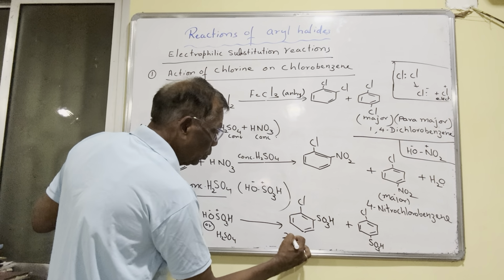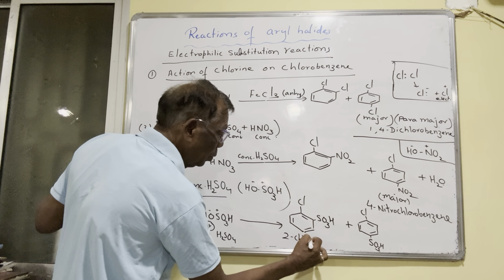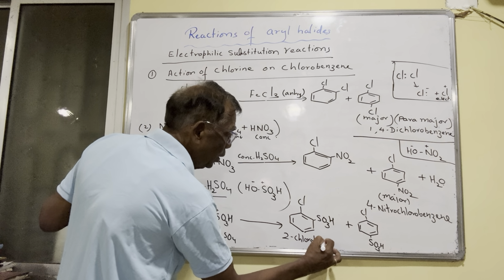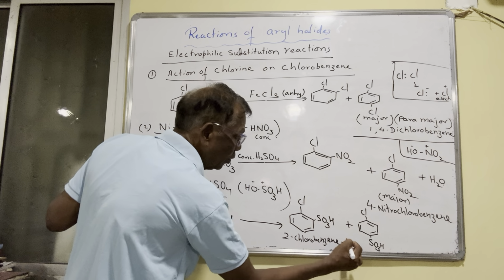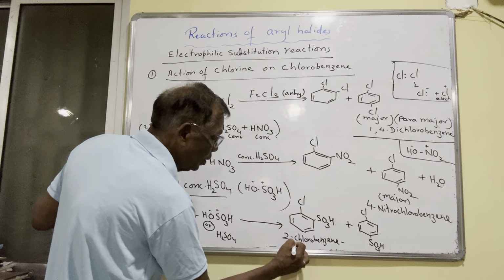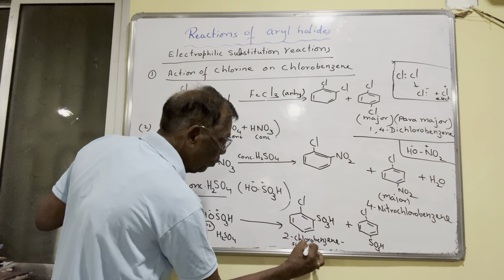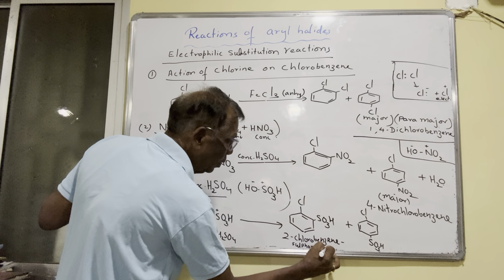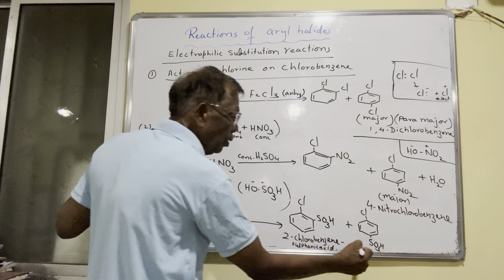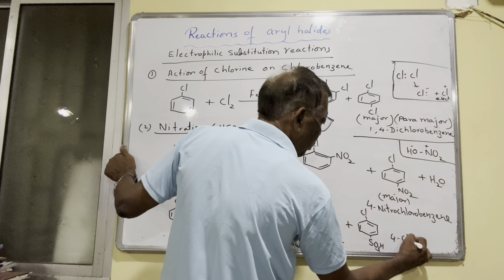2-chlorobenzene, excuse me, because I am writing here benzene sulfonic acid. And this will be called 4-chlorobenzene sulfonic acid.